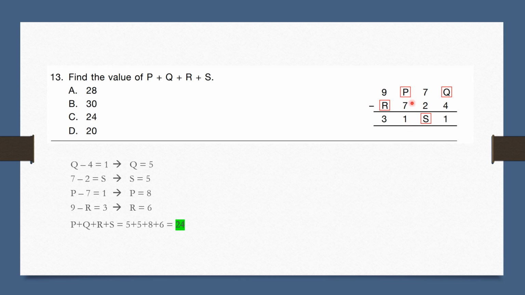So P will be 7 plus 1, which is 8. Now 9 minus R equals 3. So R will be 9 minus 3, which is 6. So we have all the values P, Q, R, S. Let's add all these numbers. So the total is 24. So our answer is option C.